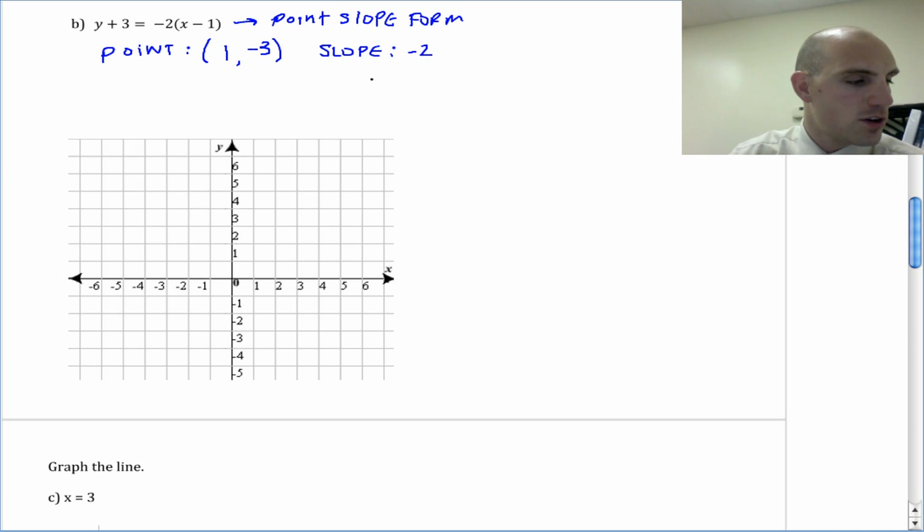Okay? And so what I need to do is I need to plot my point and use my slope again. So here we go. My point is 1, negative 3. Okay? And then I go and label it so that we know what's going on.